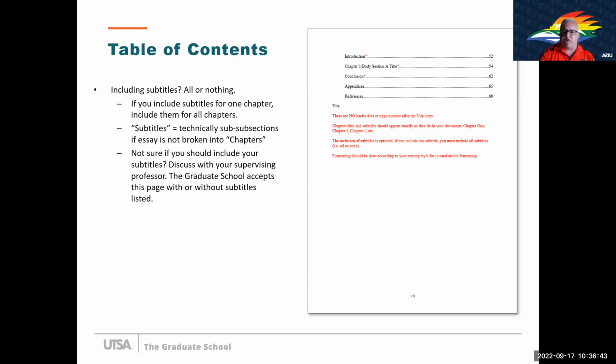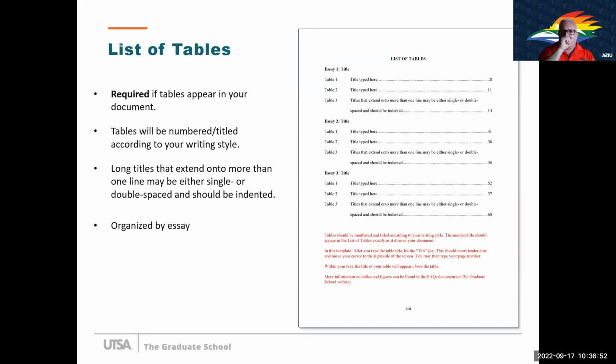And the subtitle issue is the same as with the standard template. If you include it for one, you need to include it for all. List of tables is formatted slightly differently, much like the table of contents, where you have your list of tables broken down by essay.